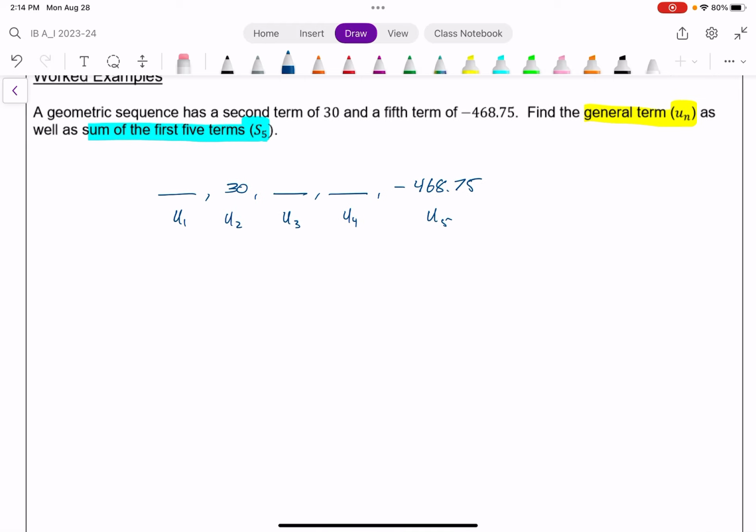All right, now the common ratio which we need to find is what we multiply as we go from each term to the next this way. Now, I can figure out the common ratio fairly quickly by just looking at what I've written down. I can see if I start at 30 and I multiply by r 3 times, 1, 2, 3, I end up with negative 468.75.